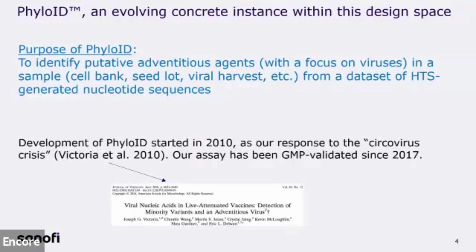And the development started way back in 2010 as a response to the paper by Eric Delworth's group, where they detected a virus that there was no other way to detect. And so this really brought this technology into focus. We'd been exploring it before, but just sort of trying it out to see what it can do.